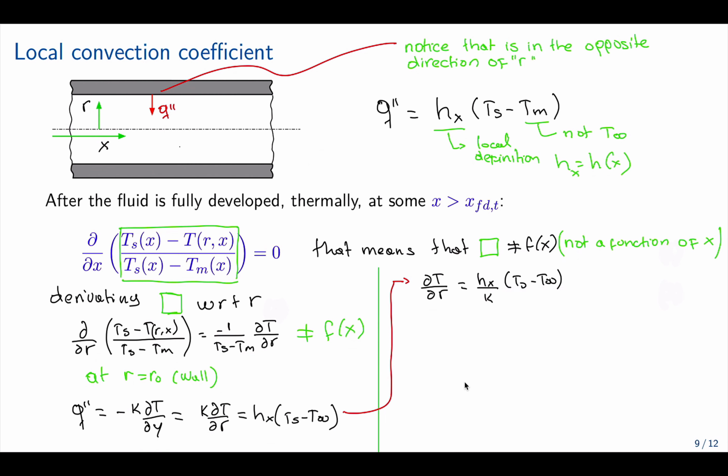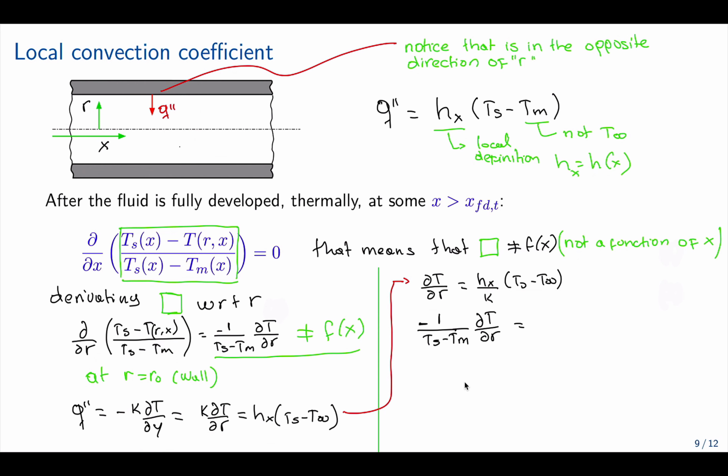Now what I want is to take the expression that is not a function of x, minus 1 divided by Ts minus Tm multiplied by dT dr, and replace dT dr by that expression.